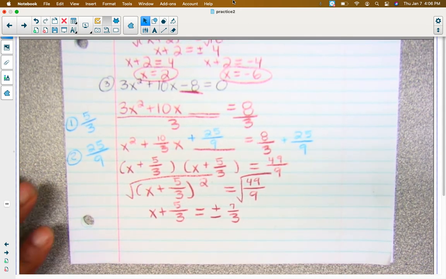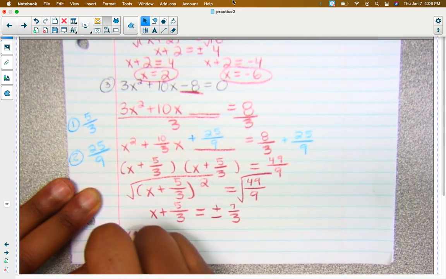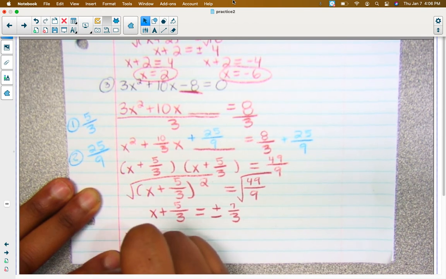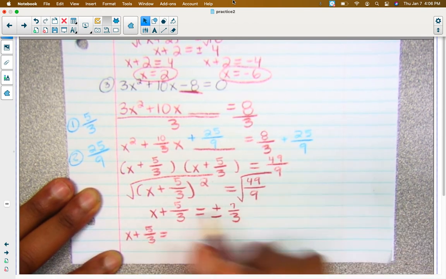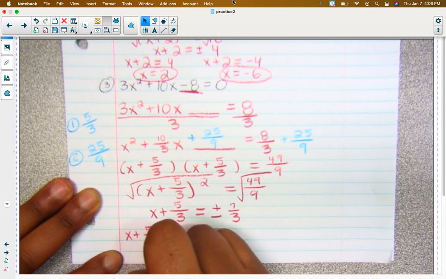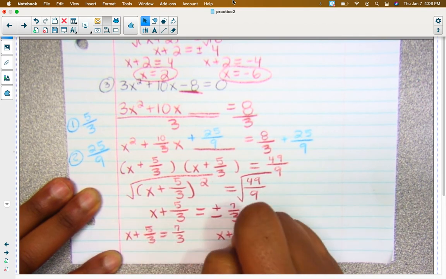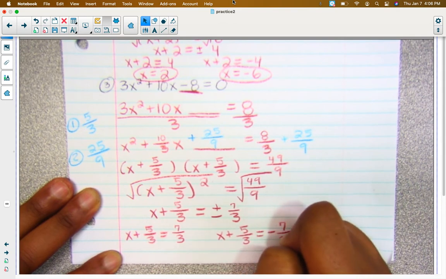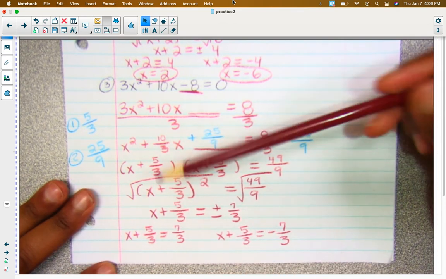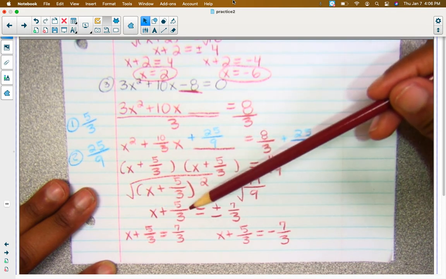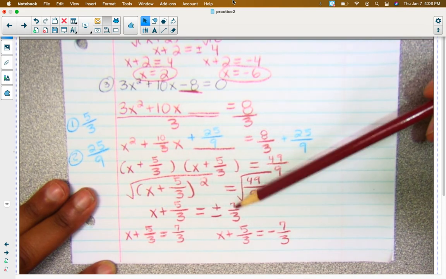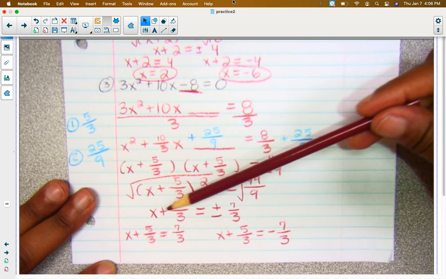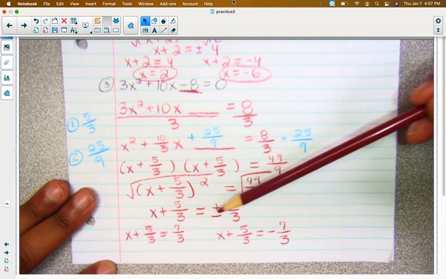Down here at the bottom, I need to set up my two different equations. So x plus 5/3 equals 7/3, and x plus 5/3 equals -7/3. So I took this equation, x plus 5/3 equals positive 7/3, and x plus 5/3 equals -7/3.